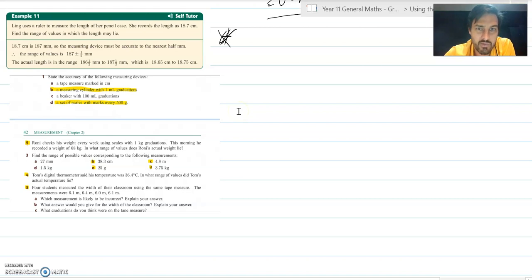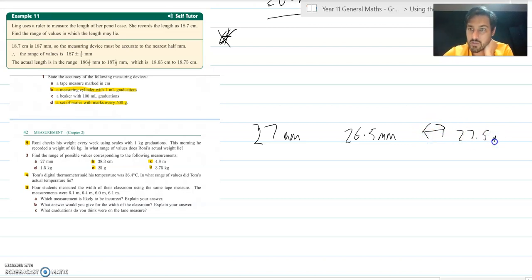So 27 millimeters, and it's asking us to find the range of possible values. It's already in millimeters, we don't have a decimal here or anything. Millimeters is our smallest unit, so the lower boundary is going to be 26.5 millimeters, and the upper boundary is going to be 27.5 millimeters.